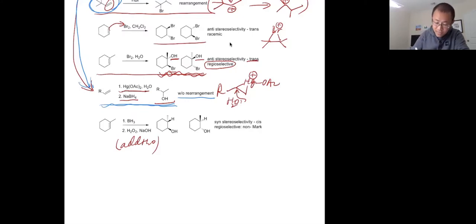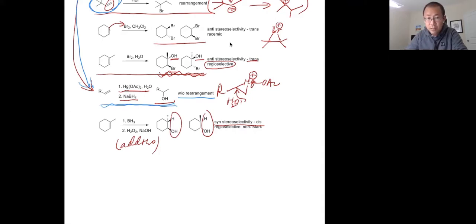First is the addition of H and OH is syn stereoselective, meaning you get a cis product. You can see that OH and H are added on the same side of the double bond, either on the top side or the bottom side. That's the first difference. It's syn addition.